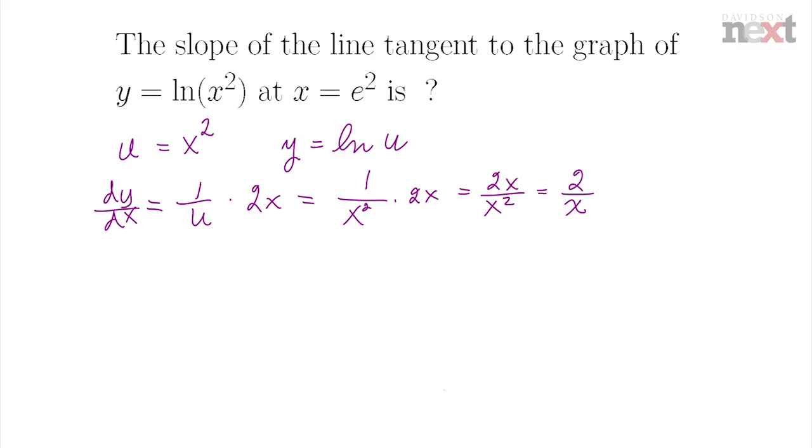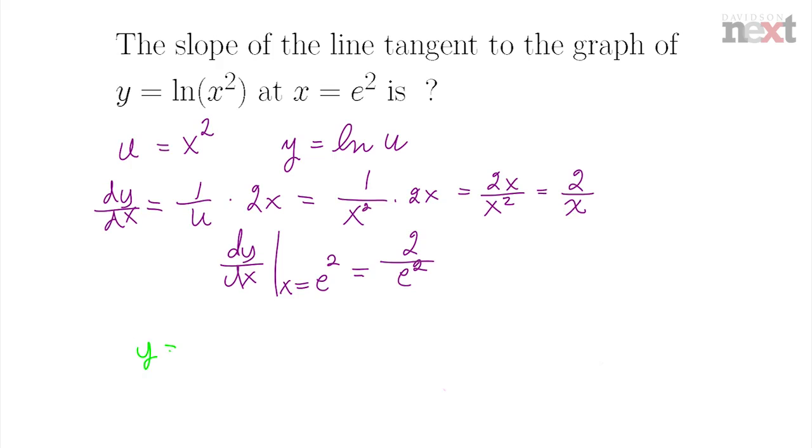So when x is equal to e squared, dy dx is equal to 2 over e squared, which is the slope of the line tangent to the graph of y equals ln of x squared at x equals e squared.